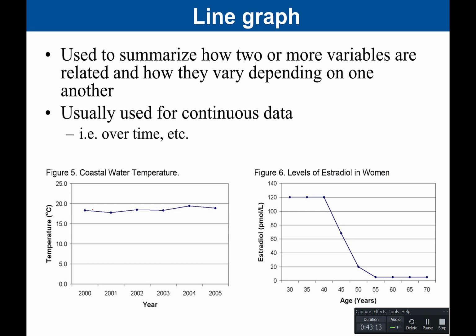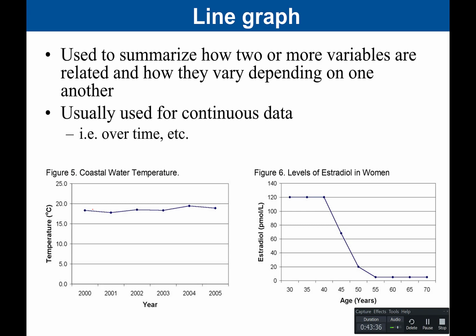And the answer is that estradiol level depends on the age, right? As a woman approaches menopause, her estrogen levels are going to drop. So this is on the right axis. The estradiol is the dependent variable, on the y-axis. And the age in years is on the x-axis.